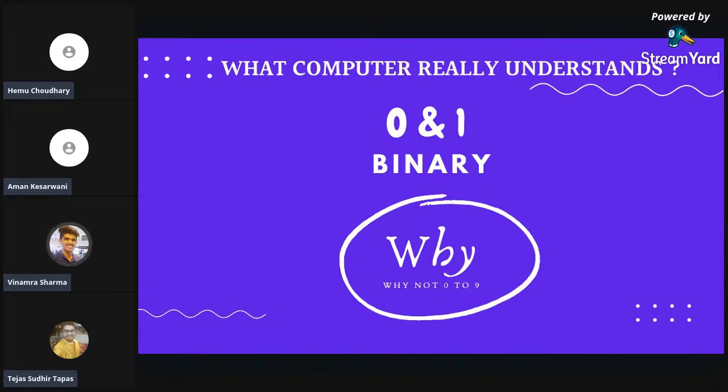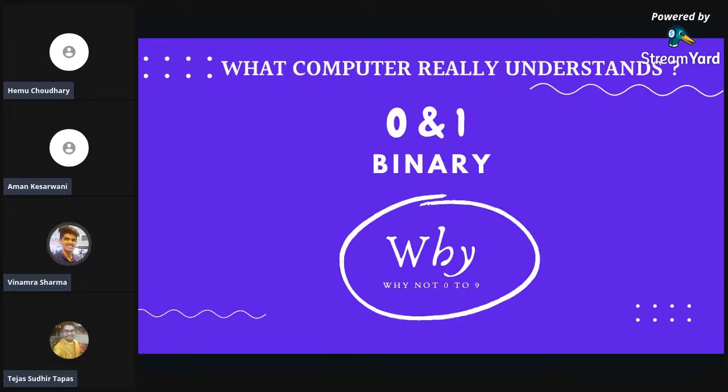Computer only understands binary. That doesn't mean only the code you write, even if you click on an icon and it opens, all of that operation is written in binary. Let's say you have opened the calculator program in your computer and you are adding 2 plus 2.